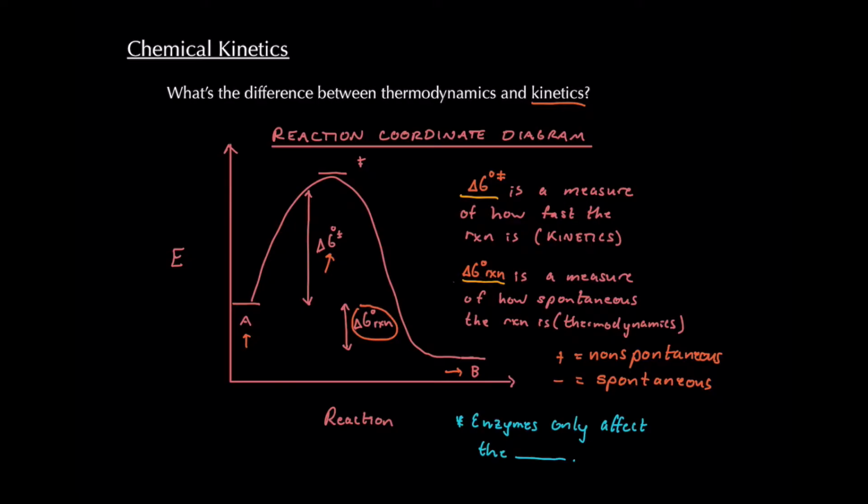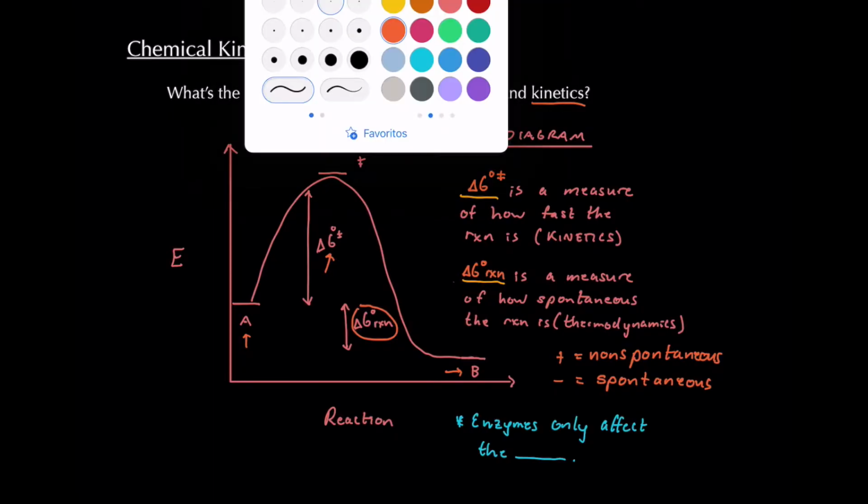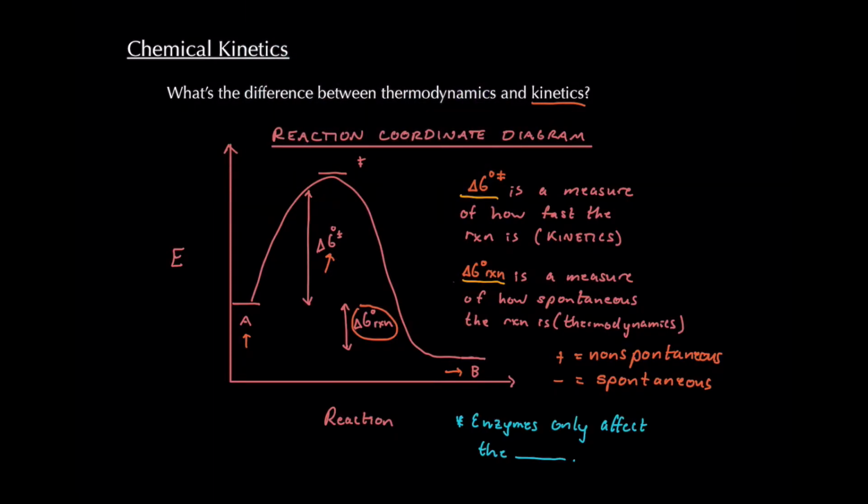So hopefully that delta G naught double dagger is catalyzed, something we'll get into in a little bit, by our engine. And in our body, which is going to be relevant for the MCAT and biochemistry in particular, our catalysts are going to be enzymes, and enzymes are biological catalysts. And this is important to understand because enzymes only affect the delta G naught double dagger of a reaction.